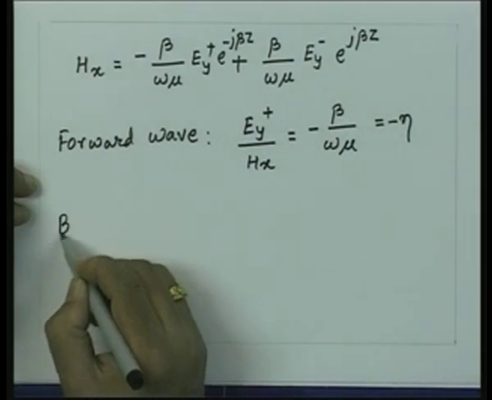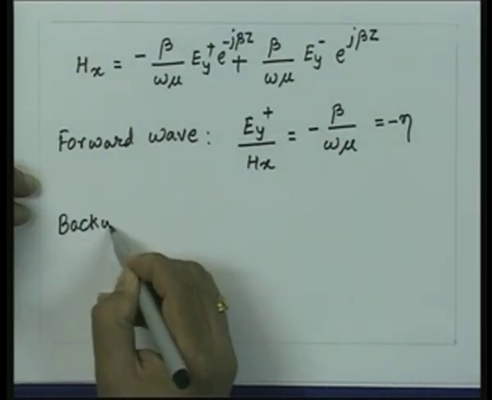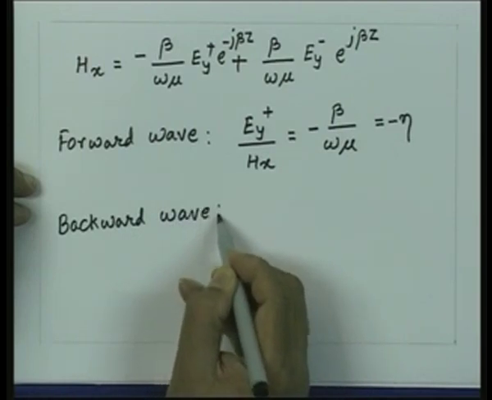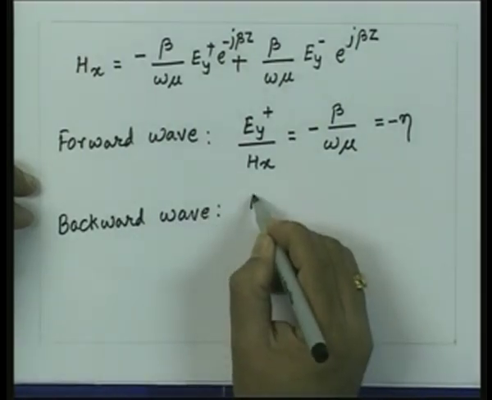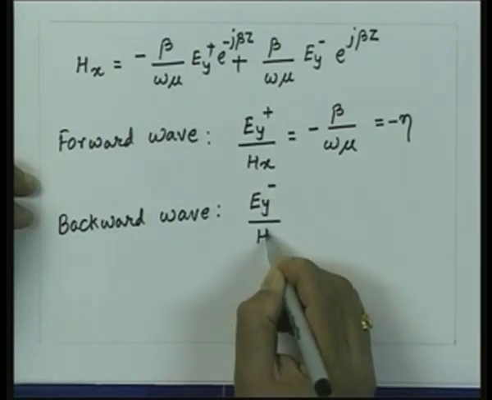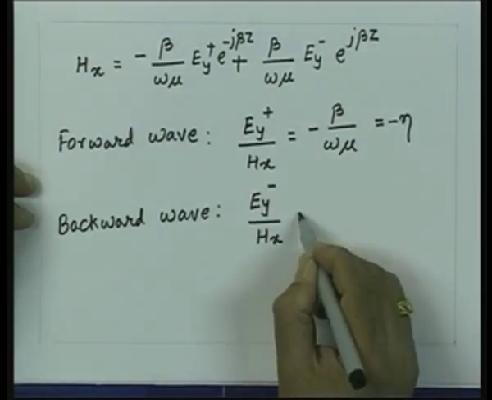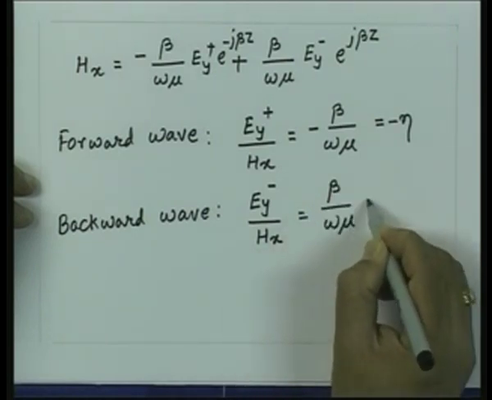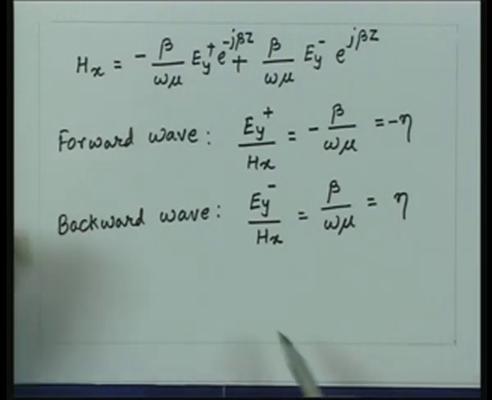And for backward wave, I have Ey minus upon Hx, that will be beta upon omega mu is equal to eta.